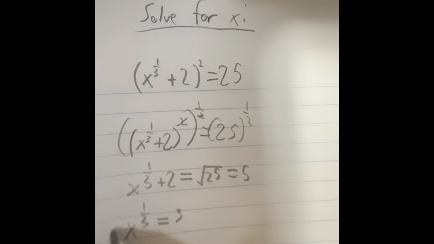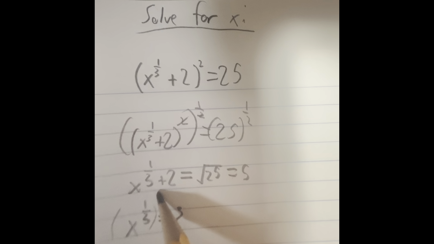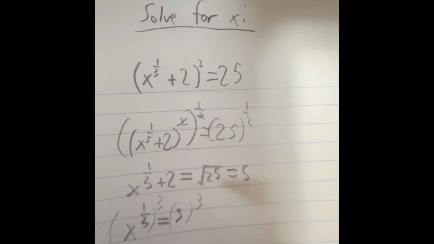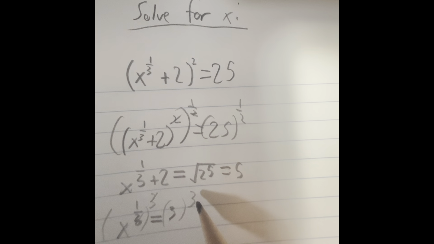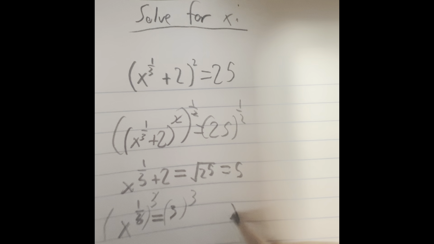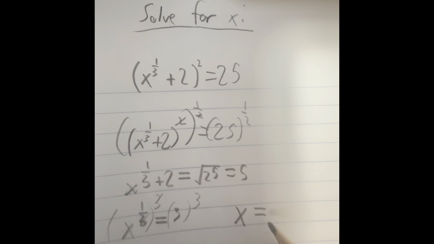And for this, we'll have to cube both sides. So put both sides to the power of 3. This cancels out, and 3 cubed is 27. So our final answer is x is equal to 27.